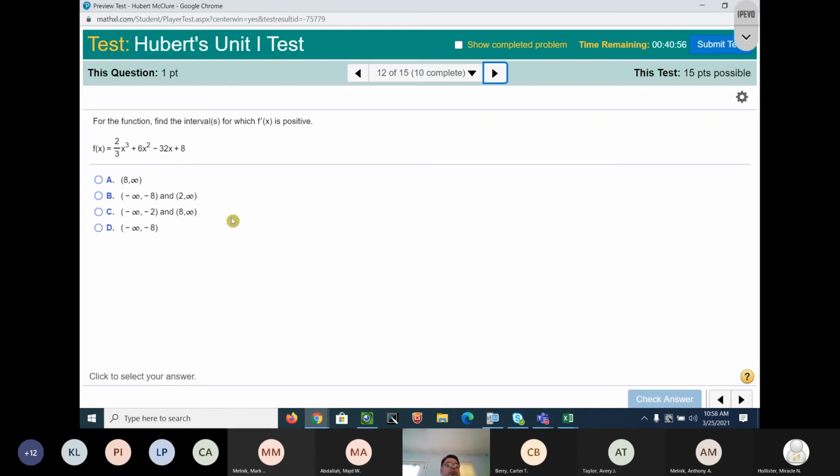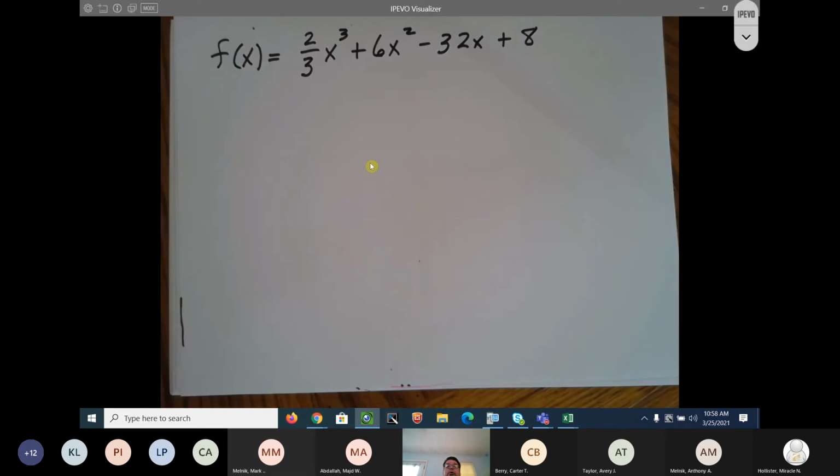f of x is equal to 2/3 x to the third plus 6x squared minus 32x plus 8. Find the intervals for which f prime of x is positive. First of all, you have to find f prime of x.